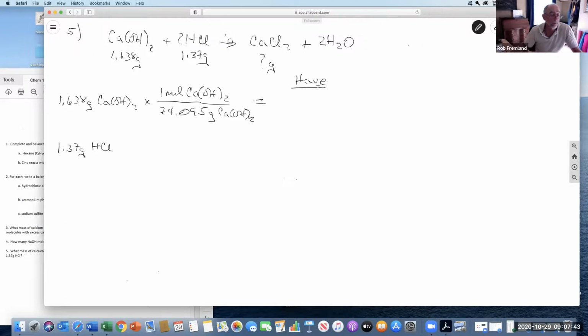So this is 0.02211 moles calcium hydroxide. And then similarly for the HCl, 35.453 plus, so this is 36.461.